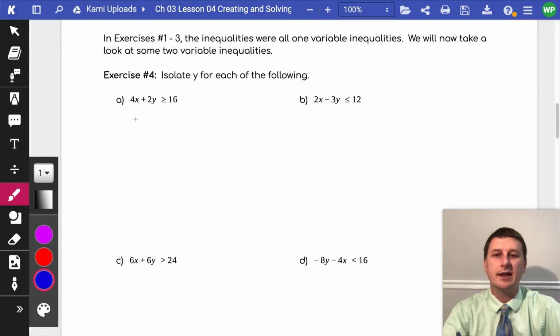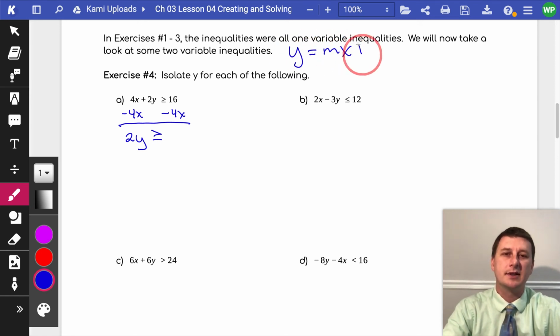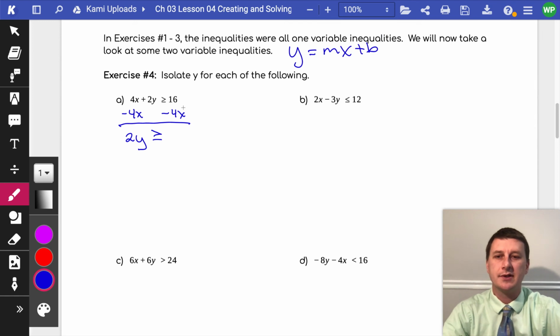So the first thing we'd want to do, to get closer to isolating y, is move that 4x over to the other side, and we'll do that by subtracting 4x from both sides. Now remember, since we're isolating y, let's keep it in that y equals mx plus b form. So we'll put our x's first. We can't combine 16 minus 4x. They don't both have x's. They're not like terms.